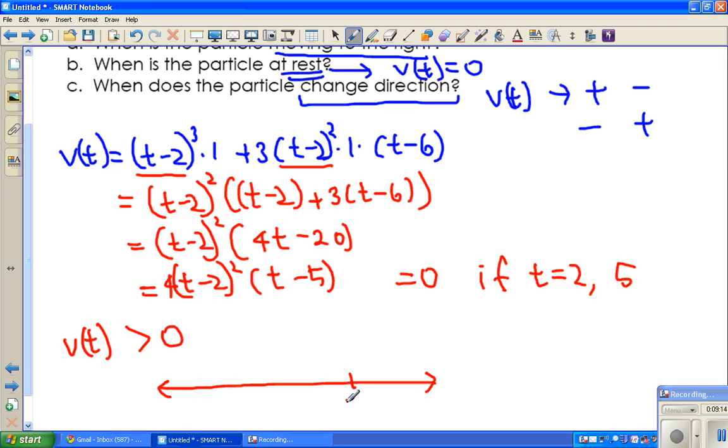So I'm going to put 5 right here, 2. And then you can plug in the values where t is less than 2, or between 2 and 5, or greater than 5.